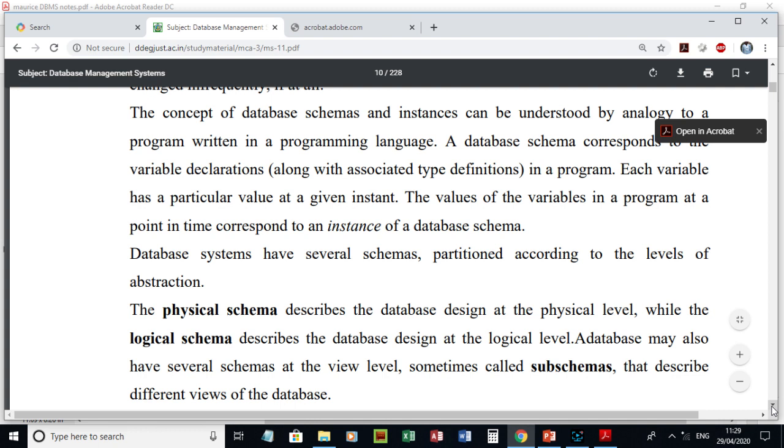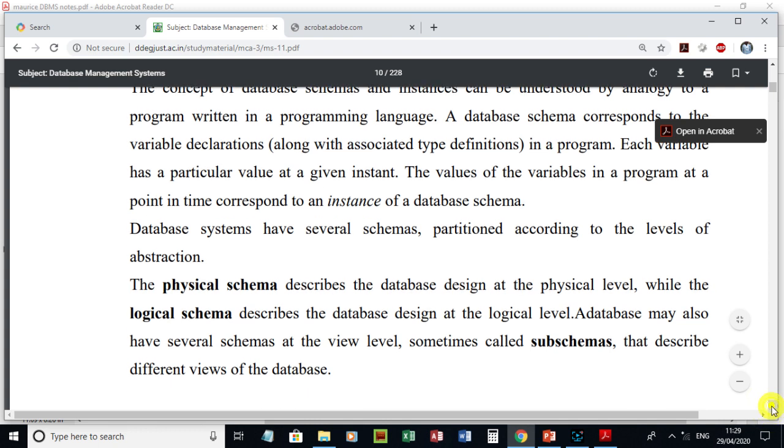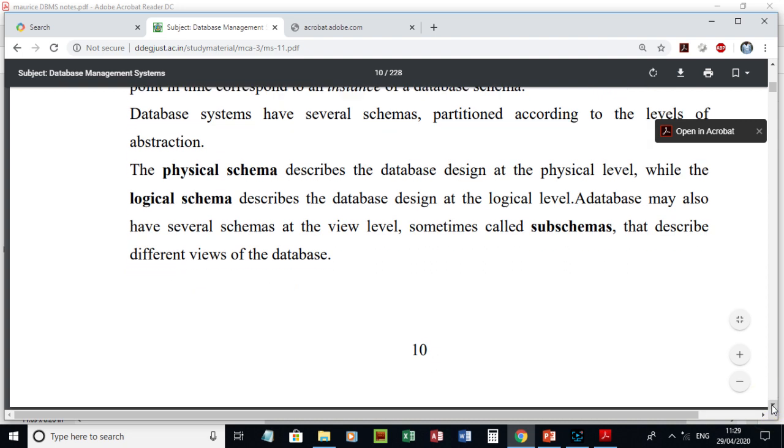The database also has several schemas at the view level, called subschemas, that describe different views of the database. Everything about the data types could be in the subschemas.